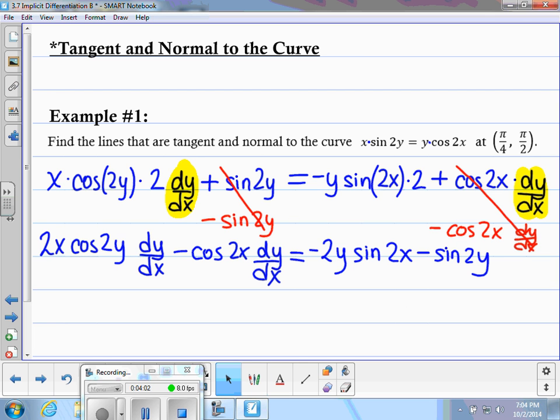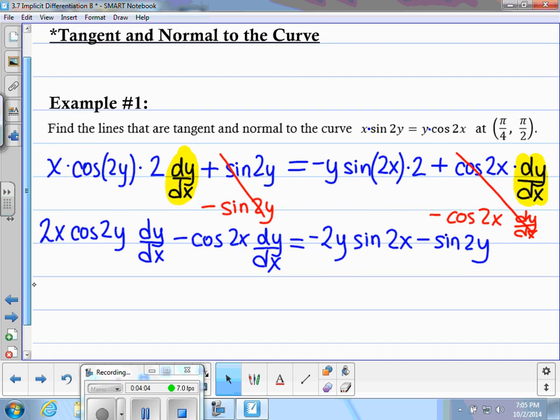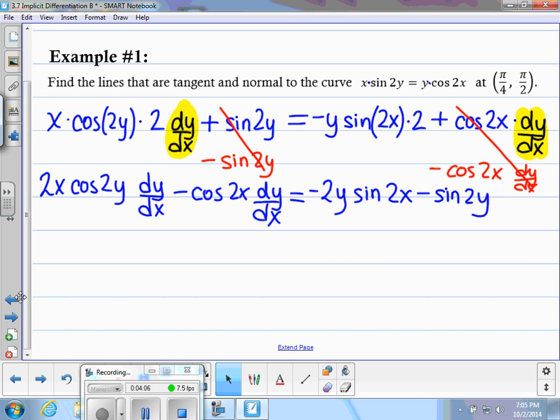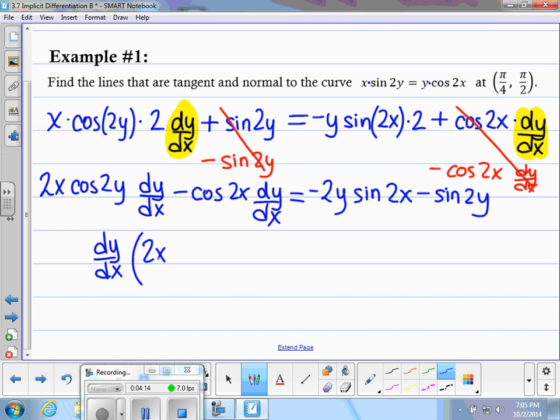Okay, next step. Factor out the dy dx's. So what I have now is dy dx, let's say I pulled those out, and left over is 2x cosine 2y minus cosine 2x. And that equals the other stuff, which stayed the same.